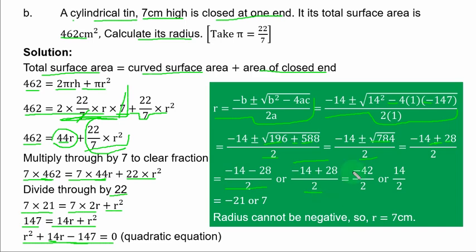That results to minus 42 over 2, or 14 over 2. And if you divide, you have minus 21 or 7. Radius cannot be negative, so r is equal to 7.